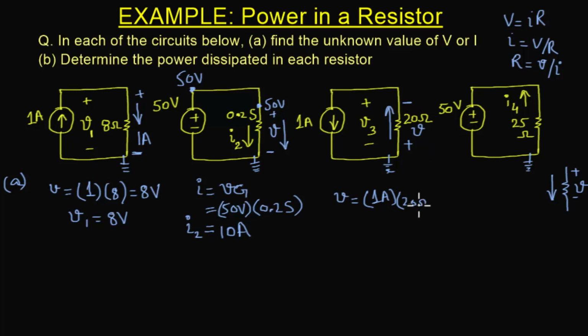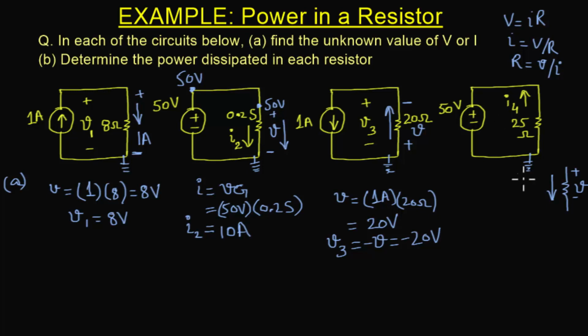So this voltage is equal to 20 times 1, which is 20 volts. Now, since the polarity of the voltage we found is opposite to the polarity of the unknown voltage, we can say that V3 equals negative 20 volts.